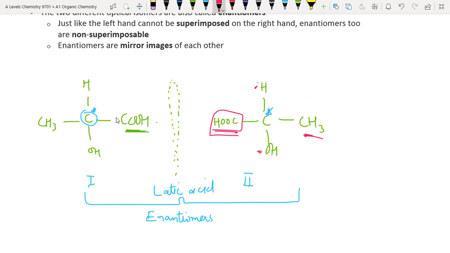For chirality or for optical activity, the compound must have a chiral center and must have non-superimposable mirror images of each other. Then they would be enantiomers of each other. This lactic acid enantiomer and this lactic acid isomer will both be enantiomers of each other.